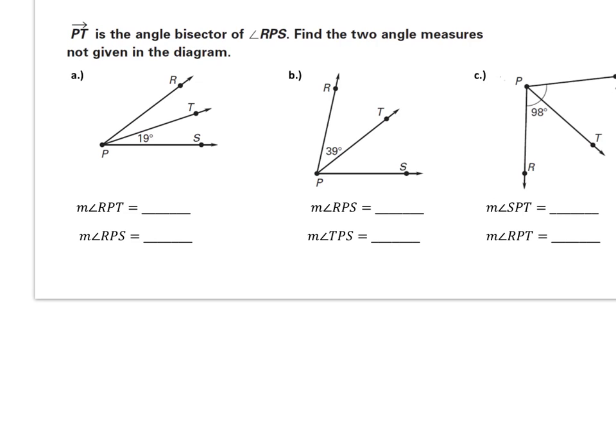Now it wants us to find RPT. Well, since PT is the angle bisector, that means it splits RPS directly in half. So if half of RPS is 19, then the other half, which is RPT, must also be 19. And then if each half is 19, RPS, the whole thing, is 19 plus 19, which is 38.